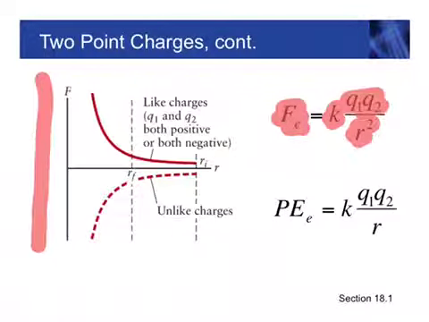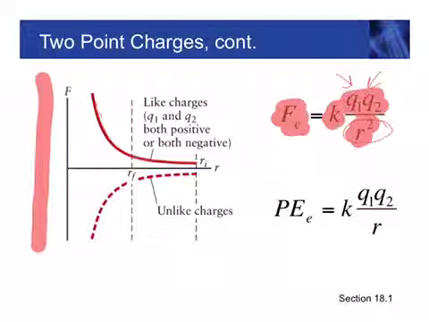If we're given like charges, similar signs, the force is positive, and it falls down as 1 over R squared because of this dependence. If the charges are unlike, then the sign of this force is different. It's negative, obviously. Just plug in negative and positive over here, and you'll get a negative value.